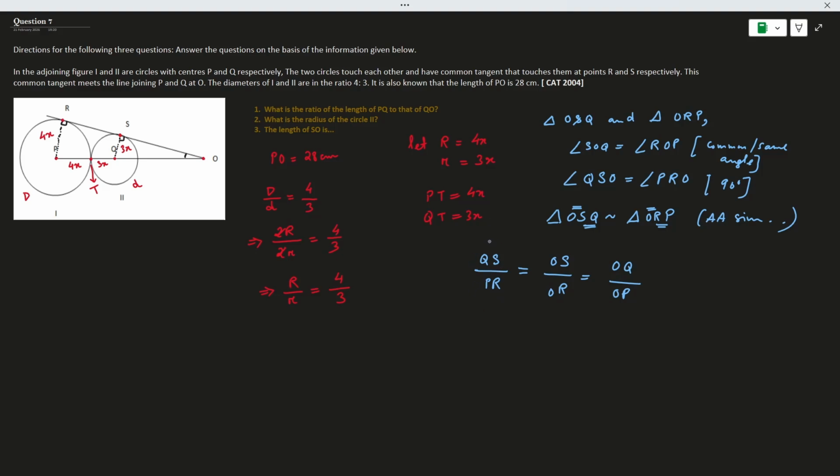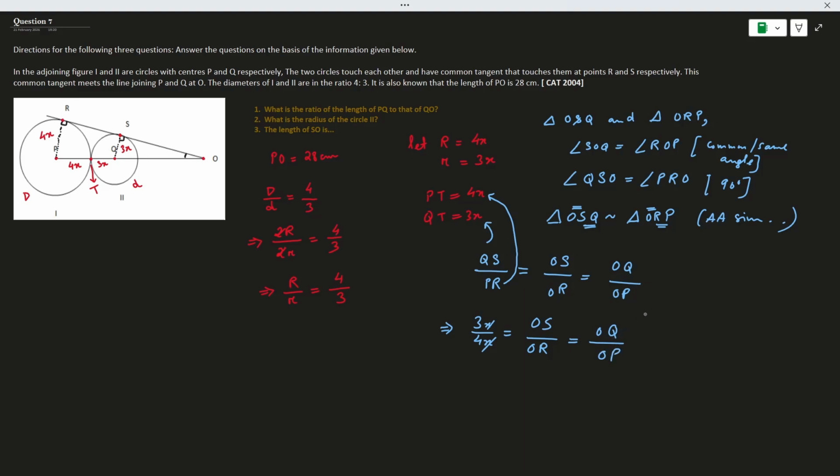Substituting the values, QS is 3x by 4x, so x gets cancelled. OS upon OR is equal to OQ by OP.